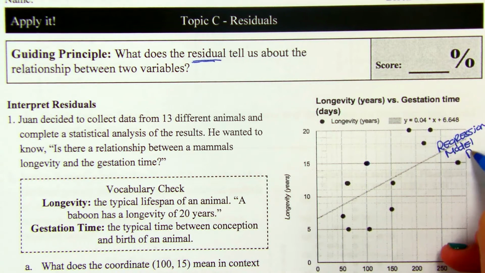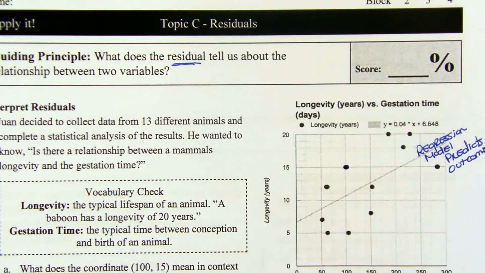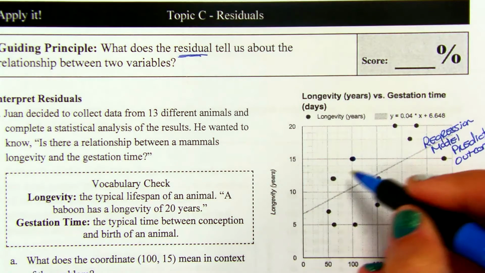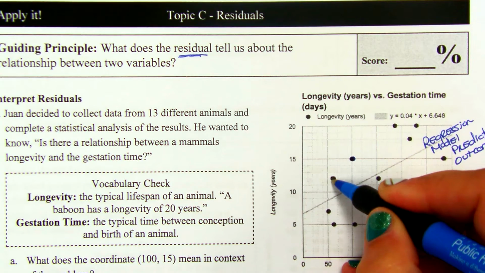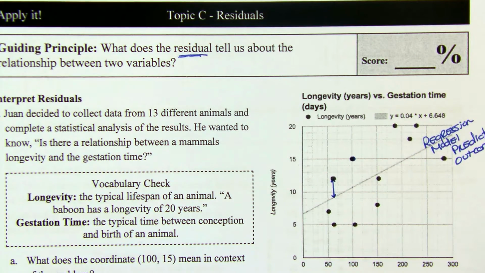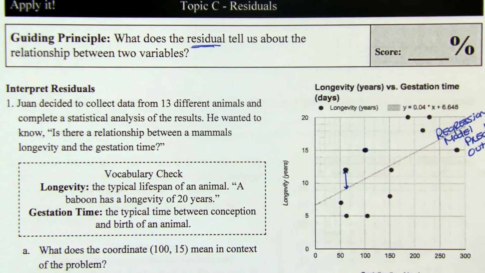The regression model predicts outcomes. So it's the distance between an actual data point and the predicted outcome.